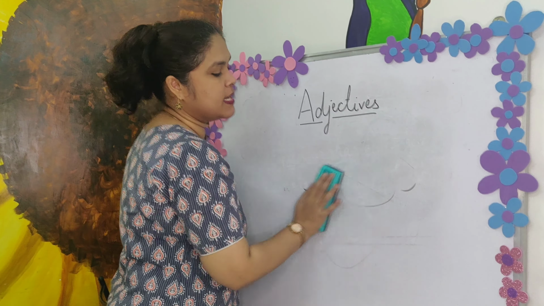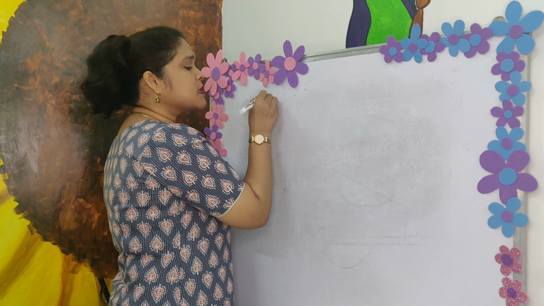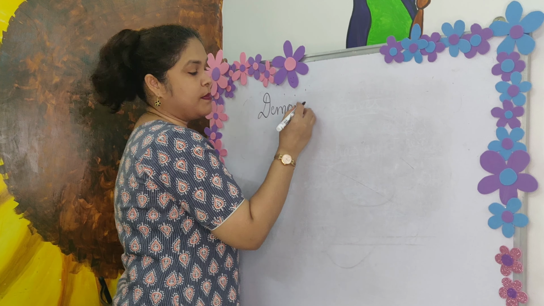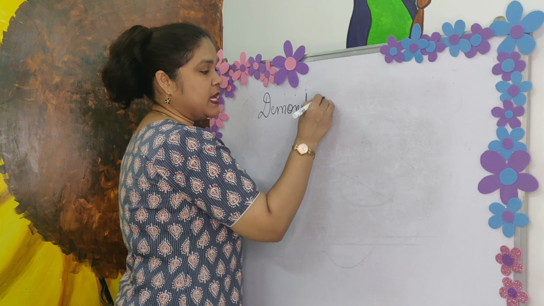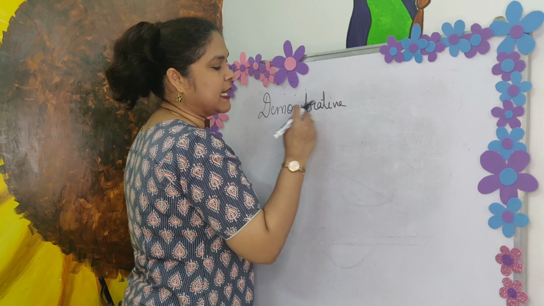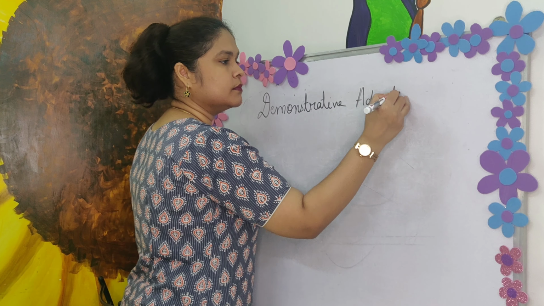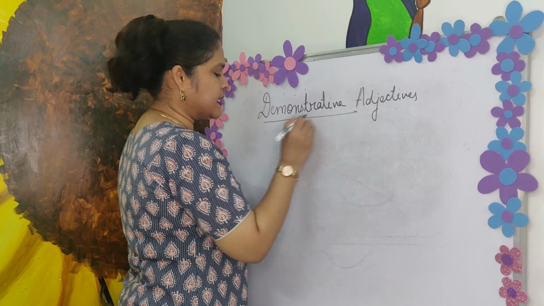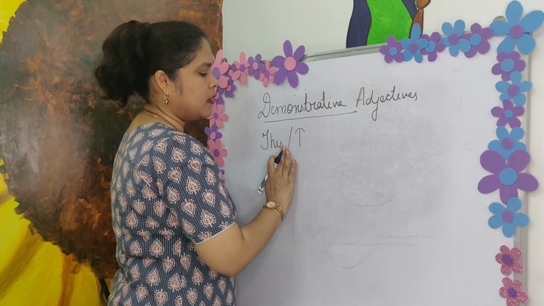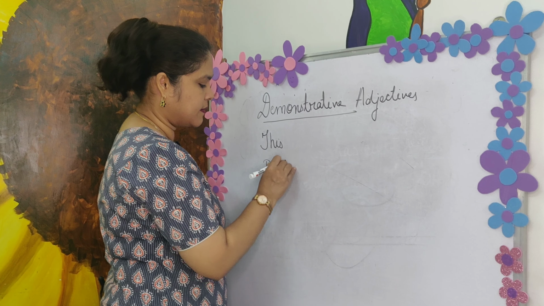So what we will learn is demonstrative adjective. What does the word demonstrative mean? To demonstrate means to explain or to show or to point out. So demonstrative adjectives are words like this and that.